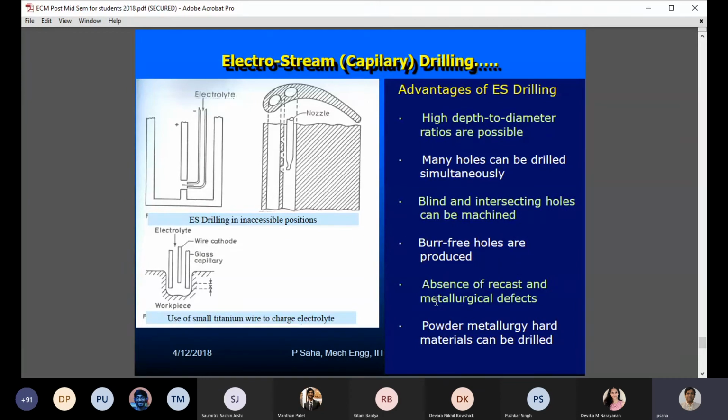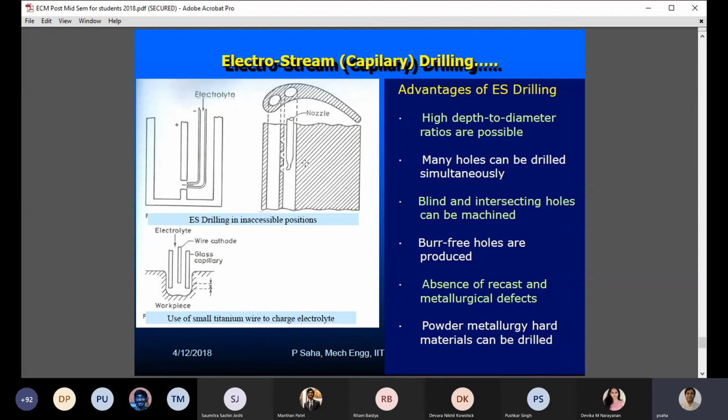Also, we'll be able to machine carbides, which are made by powder metallurgy. Of course, since the size of the hole depends upon the wire diameter, using a finer wire and guiding the electrolyte jet onto the job, we'll be able to create very fine holes, something around 100 micron holes, through this process.